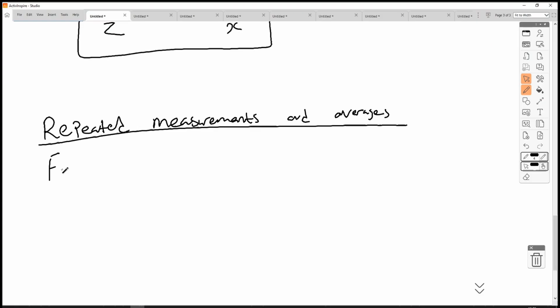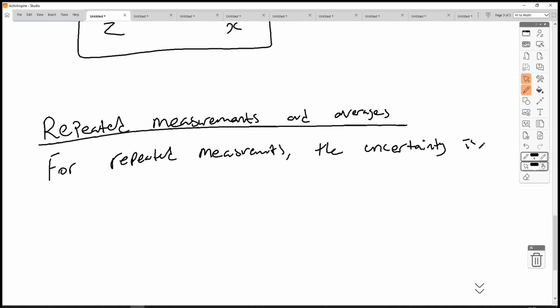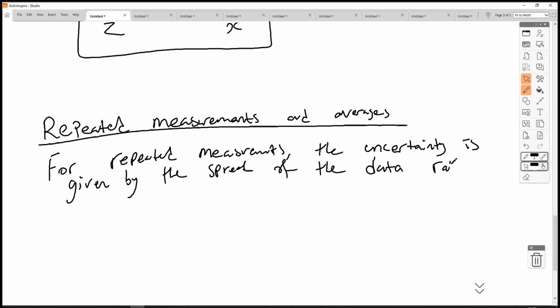For repeated measurements, the uncertainty is given by the spread of the data rather than the instrument.